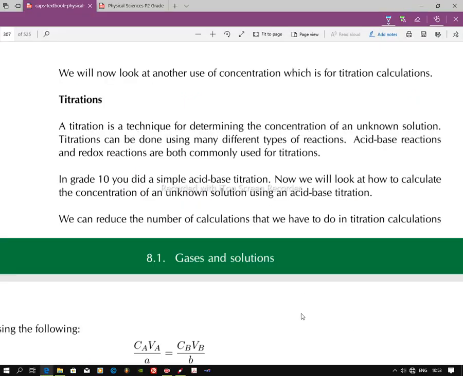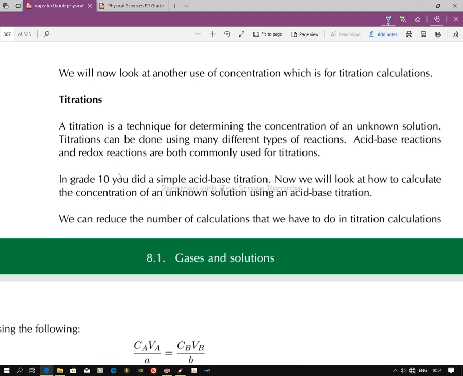So let's proceed. They say we will now look at another use of concentration, which is a titration calculation. This is a technique of determining the concentration of an unknown solution. It can be done using many different types of reaction. Acid-base reactions and redox reactions are both commonly used for titration calculations.